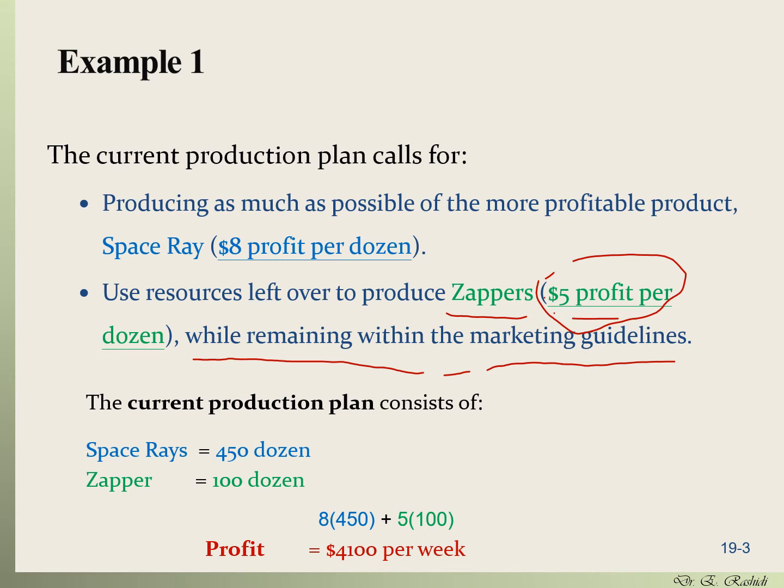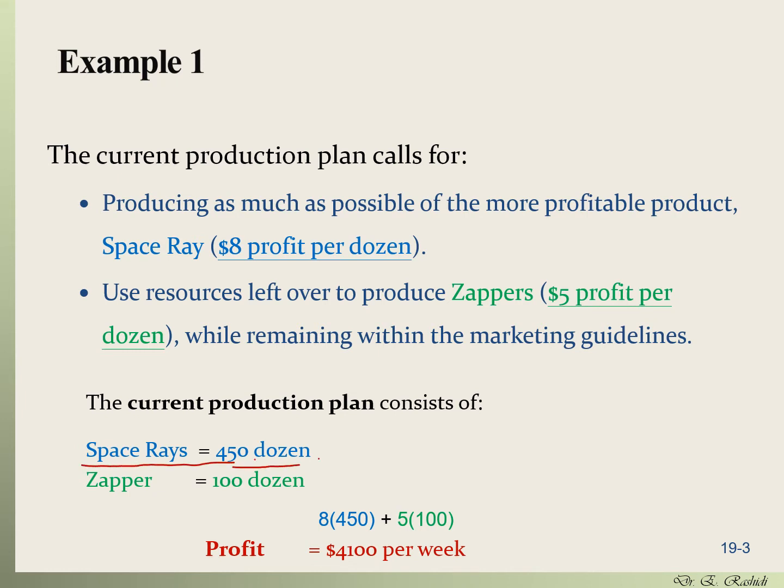The current production level for the company is as follows. They produce 450 dozens of space rays and 100 dozens of zappers. How much profit do they make? Each dozen of space rays makes $8 profit, and they produce 450 of them, so that's 8 multiplied by 450.